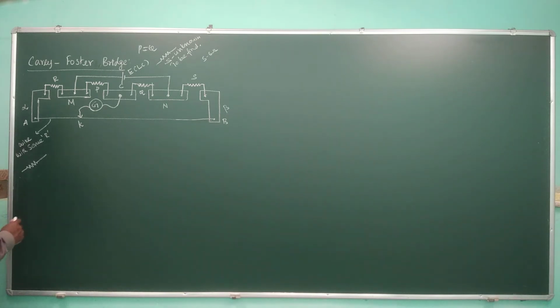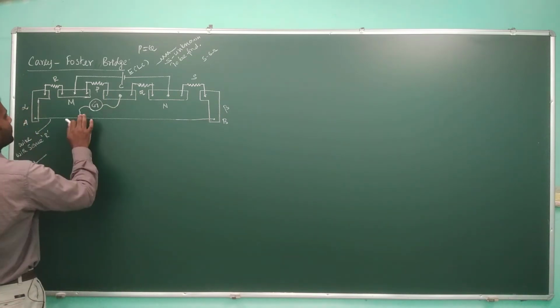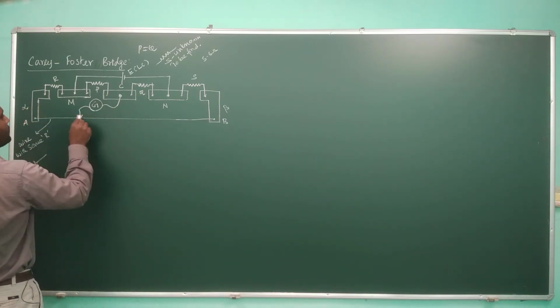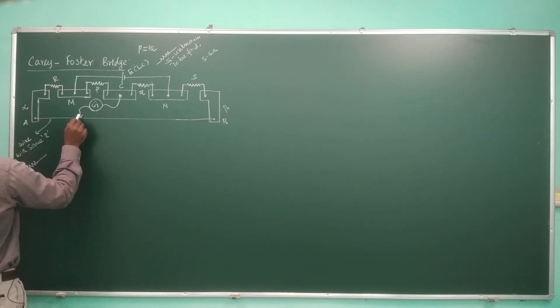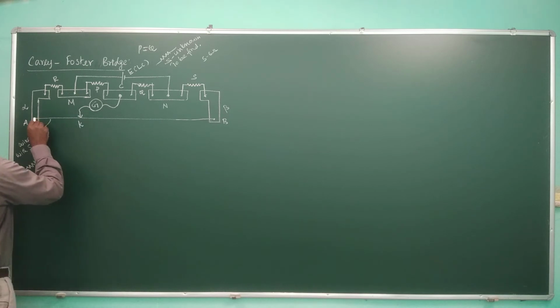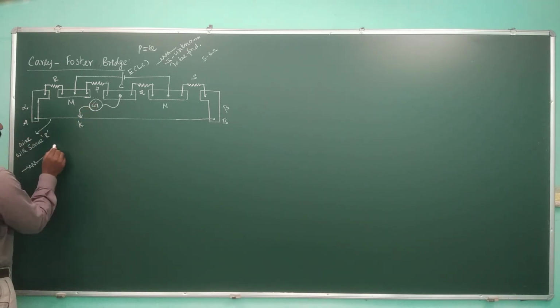Now, under this condition, if you put the sliding key here, you know how the galvanometer will look.